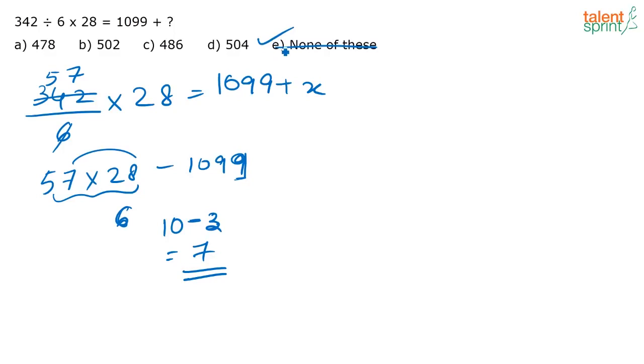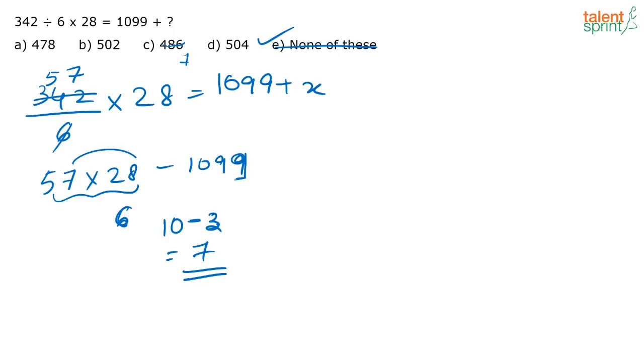Similarly, if none of these was not there and there was one option ending with 7, and no other option ends with 7, I can directly take that as the answer. I hope it is clear. What I am trying to say is, in such questions, no need to solve it completely. At times, just by looking, you will get the answer.